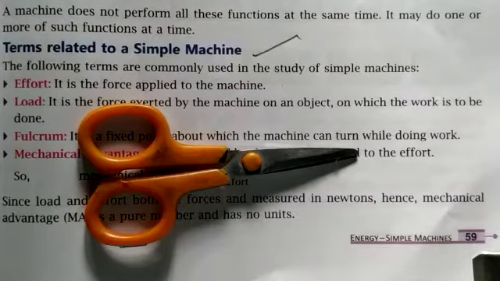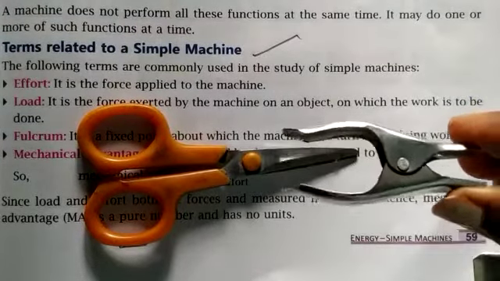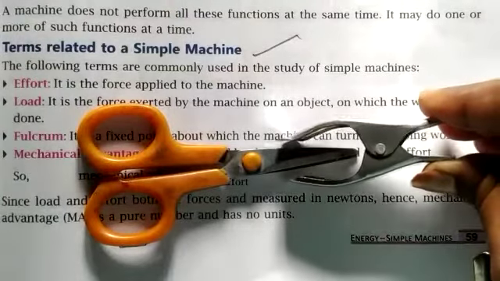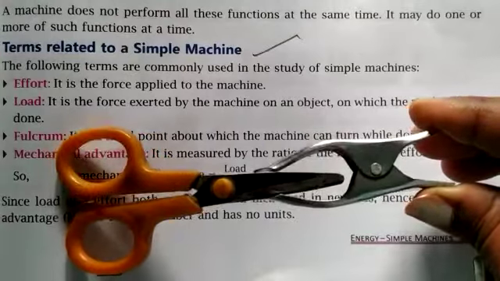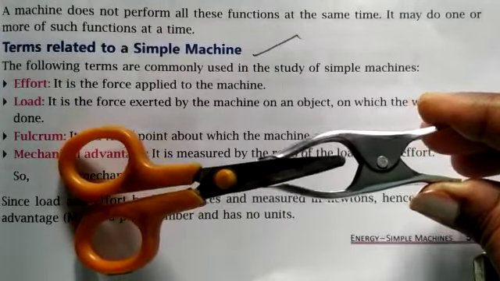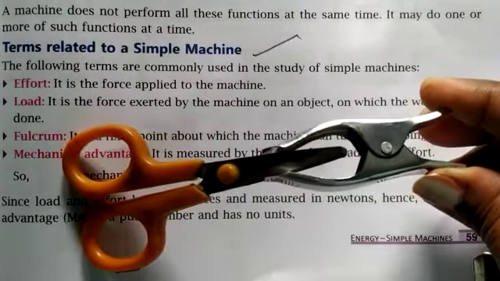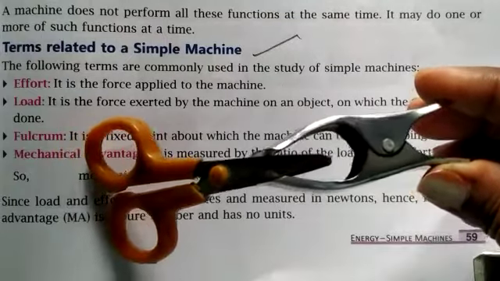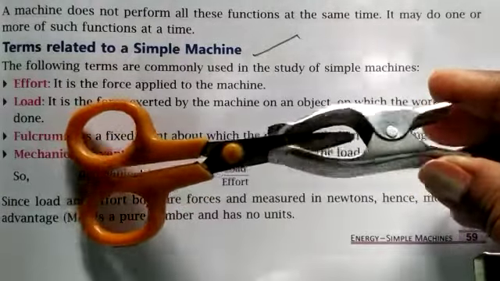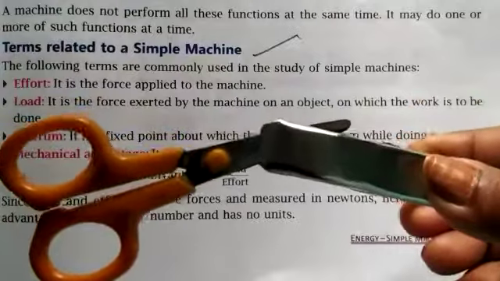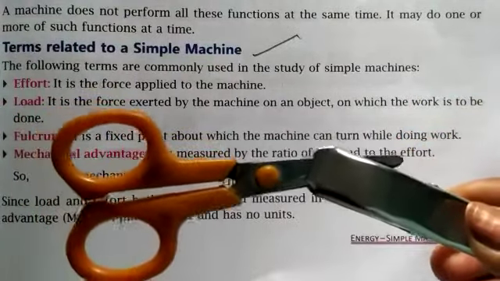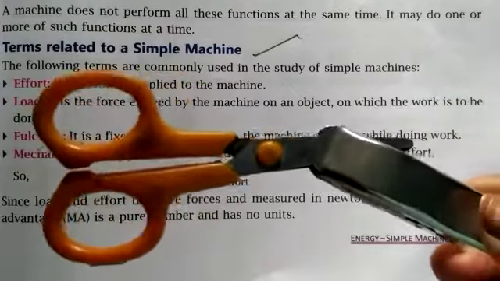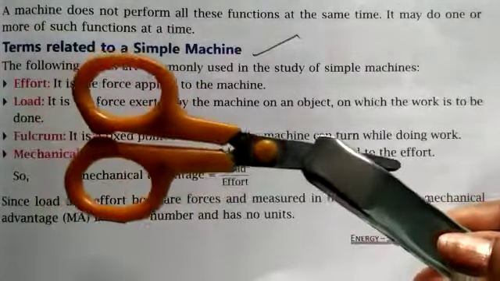On this scissor I am going to apply effort with the clip, and now I have placed it on the scissor. So what has happened? Force is exerted by a machine on an object. This clip has applied force on the scissor. That means the scissor is the object on which the work has to be done. So this clip has done work on the scissor.